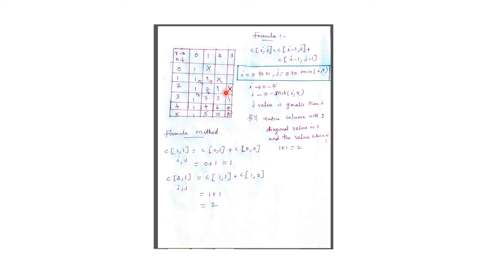Below this x you have to write 1, below this x you have to write 1, and below this x we have to write 1. So below this diagonal x we have to write 1 in diagonal format. After that we have to compute the remaining values.